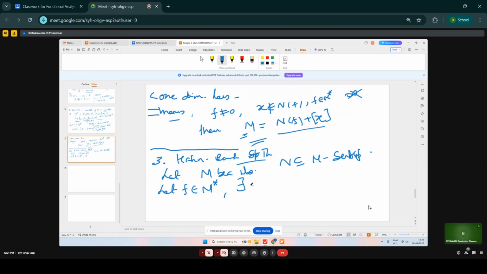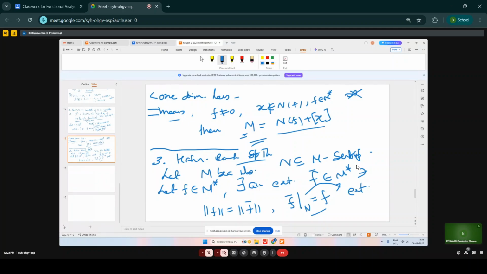Then there exists an extension f bar belonging to M star such that norm of f equals norm of f bar, and f bar restricted to N will be f. This is the extension. This is the Hahn-Banach theorem.